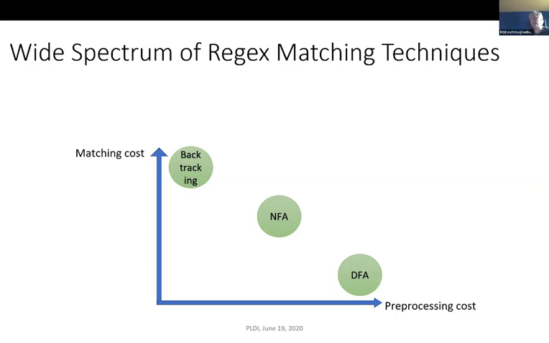If you want to minimize the matching cost, you will attempt to pre-compile the DFA and use it. The sweet spot lies somewhere in the middle, where you try to do DFA on the fly, but then fall back on an NFA if that doesn't scale. This is a strategy used in many state-of-the-art solvers like RE2, grep, and others.